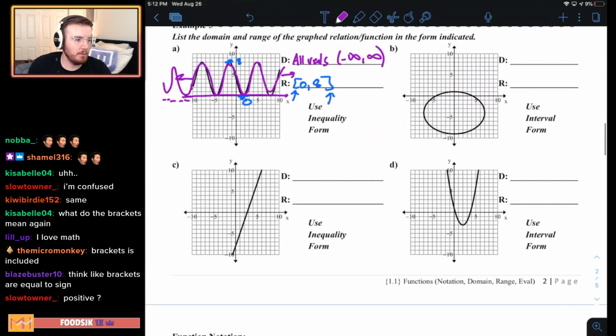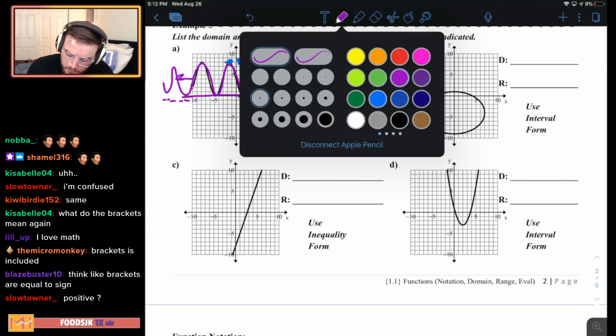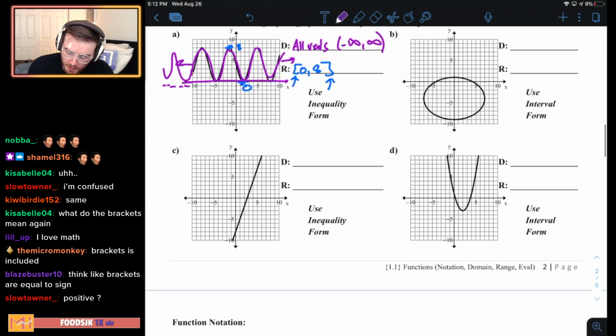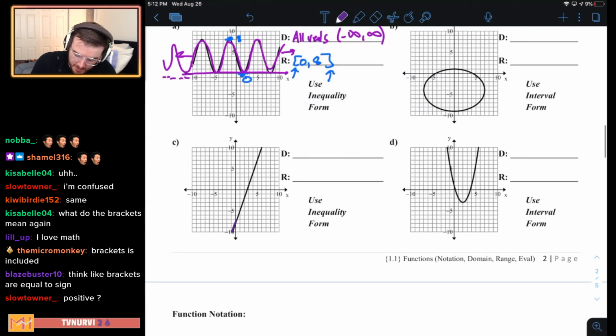Let's do another domain and range. This line, a very simple line, it's going forever up and forever down. And at the same time as it goes forever up, it's also going to the right. It's slightly traveling to the right. My webcam's flipped. And as it goes down, it's slightly going to the left.